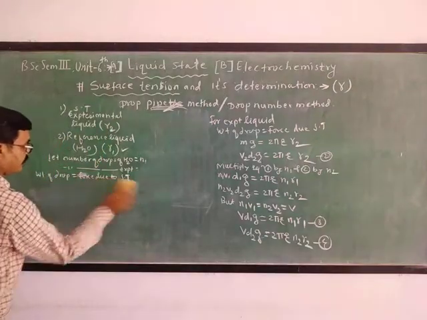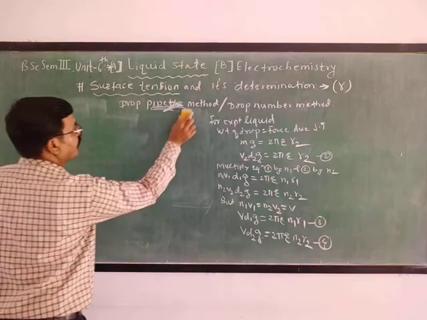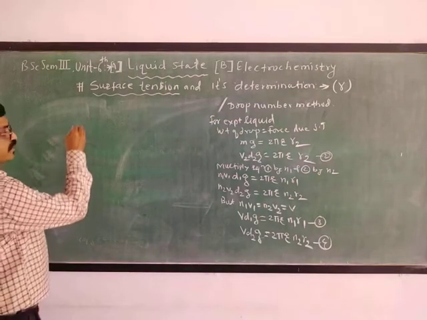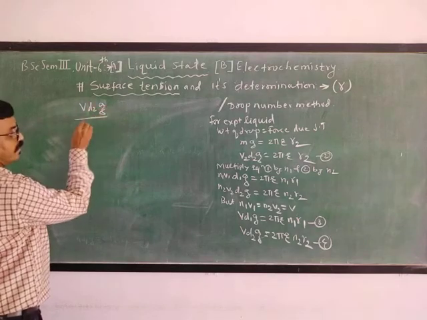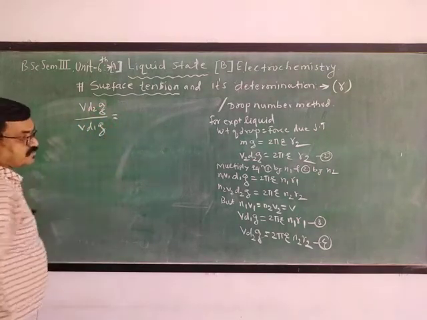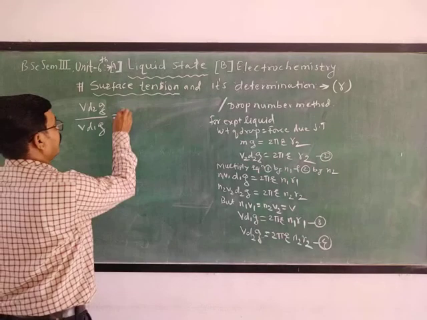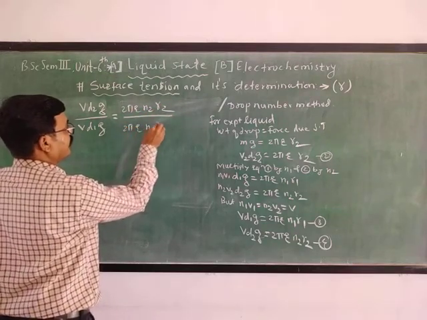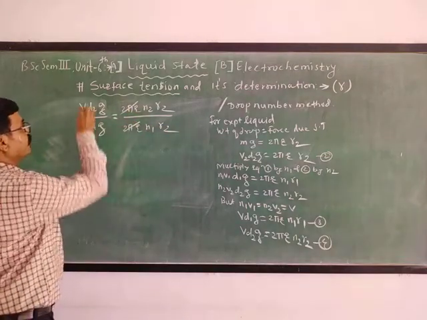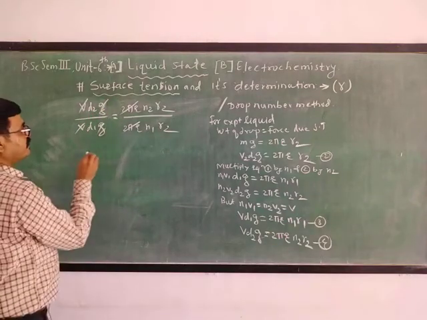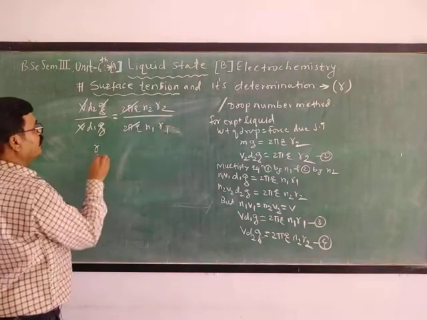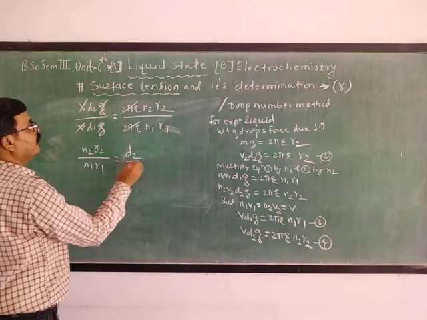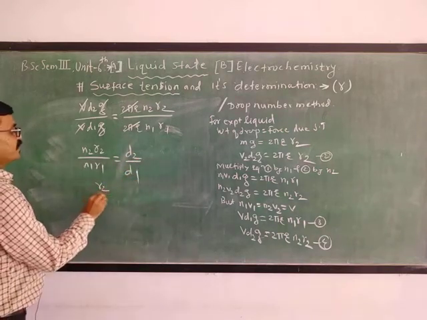Then V d2 g upon V d1 g equals 2 pi r n2 gamma 2 upon 2 pi r n1 gamma 1. 2 pi r gets cancelled, V gets cancelled, g gets cancelled, so we get n2 gamma 2 upon n1 gamma 1 equals d2 upon d1.